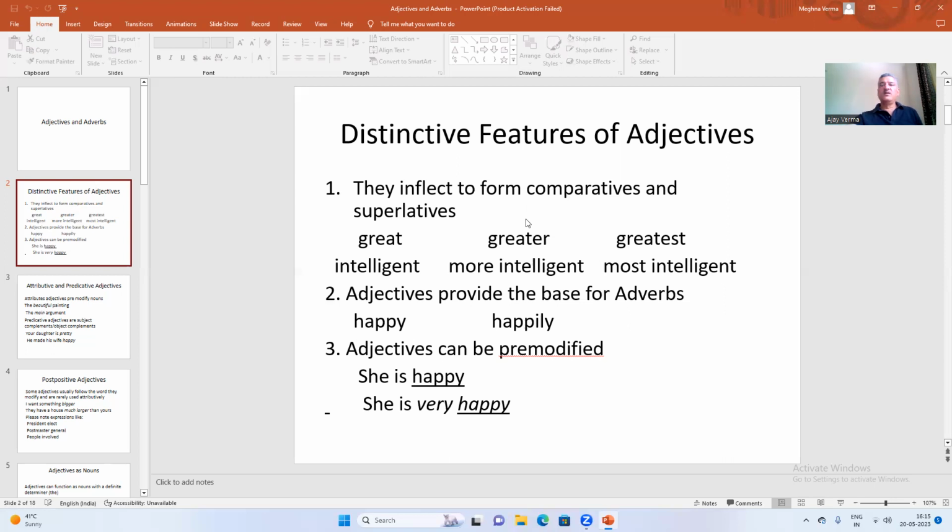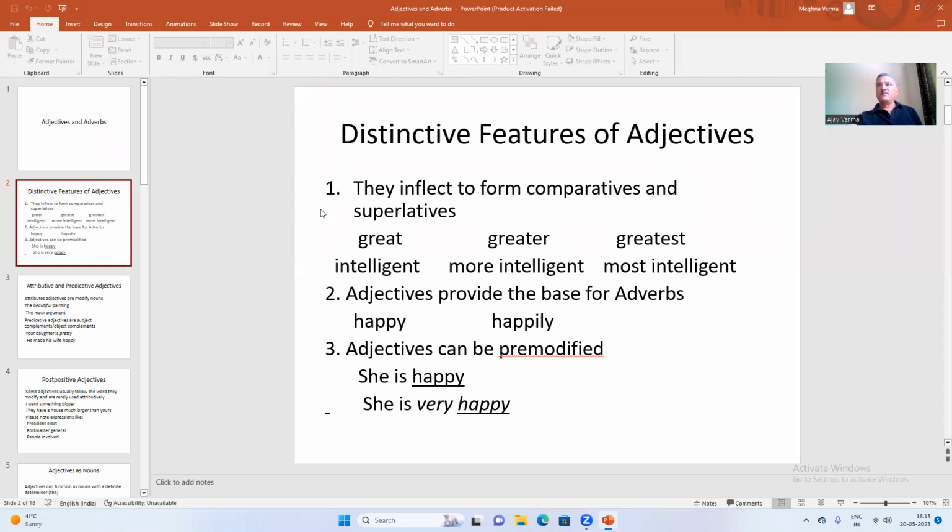By gradable, we mean that the adjective signifies a lesser or a greater amount of a certain quality indicated by them. So, with a word like great, we can have a comparative form like greater or a superlative form like greatest.